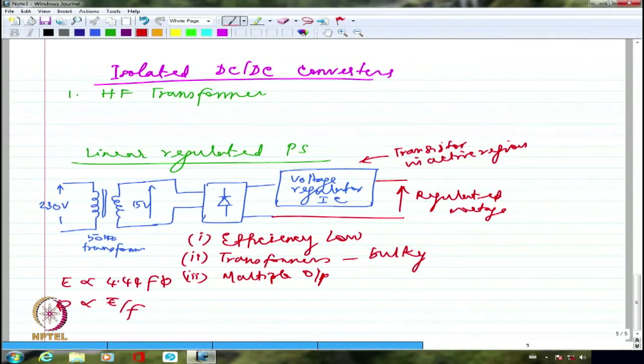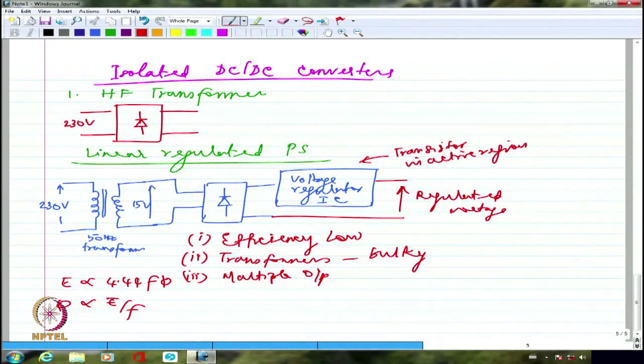And the third one is basically that multiple outputs I'll be able to obtain by having multiple secondaries, right? So if I try to show the basic diagram of SMPS, it will have basically 230 volts, from which I may have a diode converter. And what I have here as the output will be of the order of maybe 230, 220 volts if I don't put a capacitor. If I put a high value capacitor, then it will charge up to the peak.